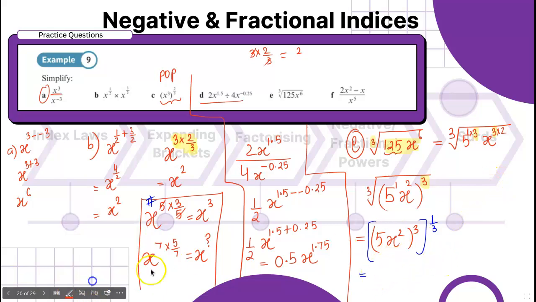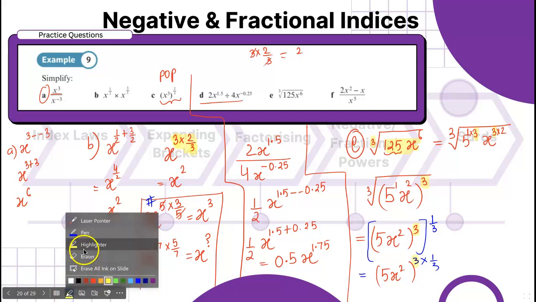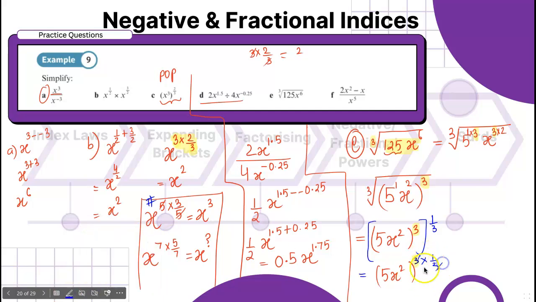So I'm going to write 5x squared inside as it is, and outside you have 3 times 1/3, and this 3 is basically that one. 3 times 1/3 will cancel out and give you 1. So you actually have got your answer to be 5x squared, right? Because it's a beginning, I'm just trying to break it down really well, but it's not that complex.